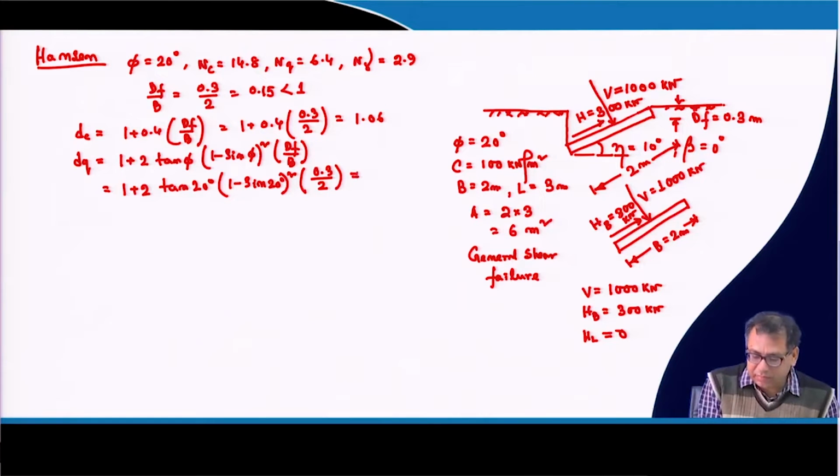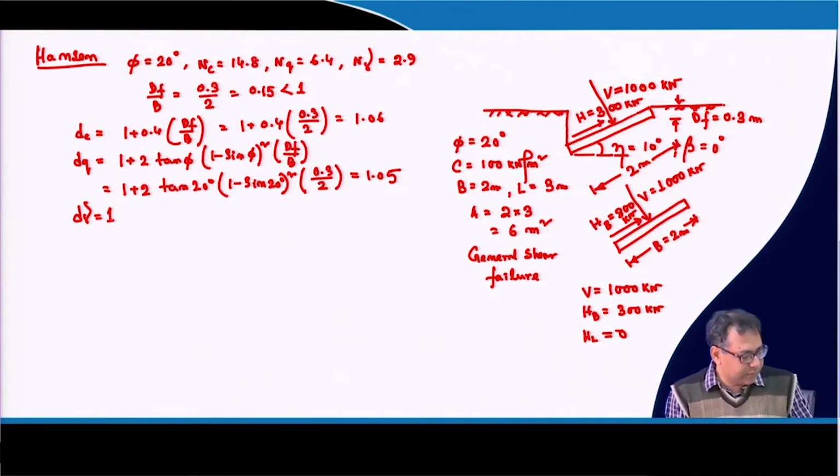So, that value is equal to 1.05, and d gamma is equal to 1. Okay, so these are the values.